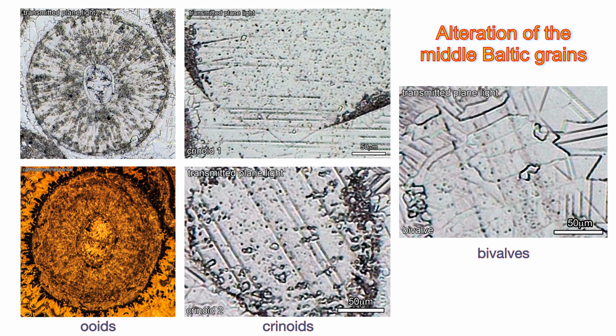The cathodoluminescence image of the Baltic's radial fibrous crystals on the lower left indicates they recrystallized. However, when this happened and what effect it had on the composition of the products is not revealed here.